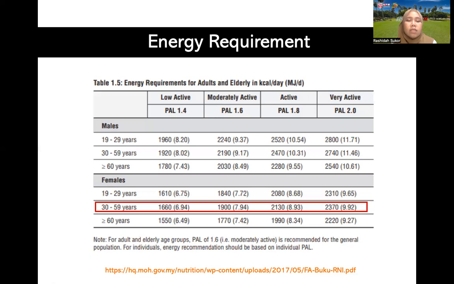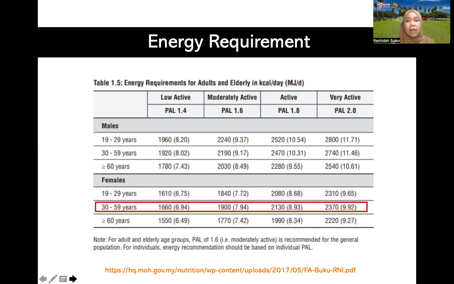Then you can see how much you are actually eating per day. If you don't use physical activity to expend that energy, it will be stored as fat, and also carbohydrate as glycogen, in our body.